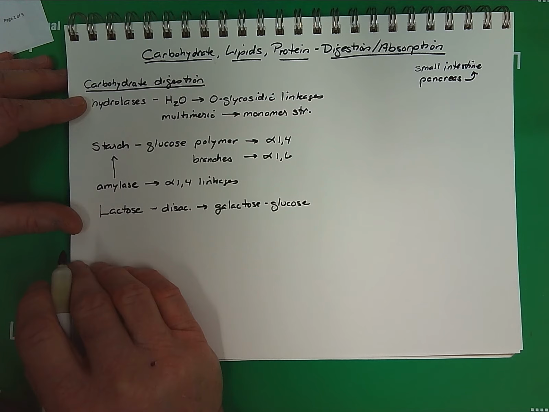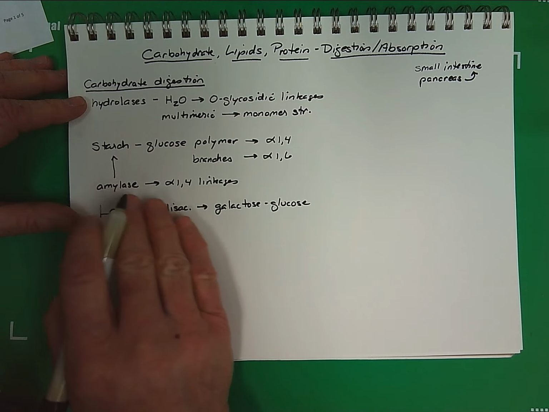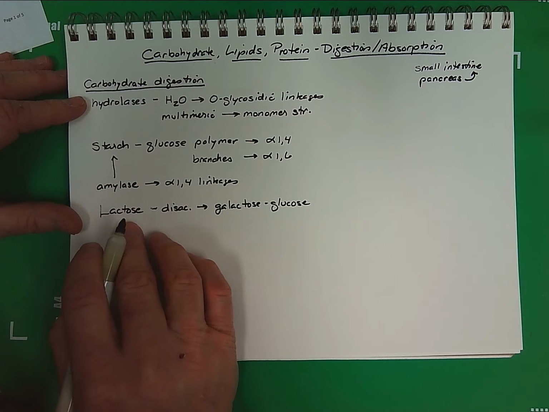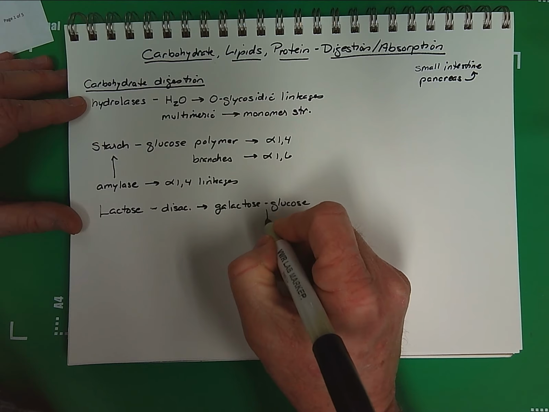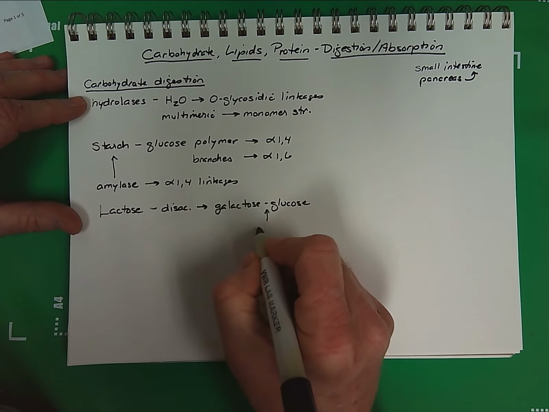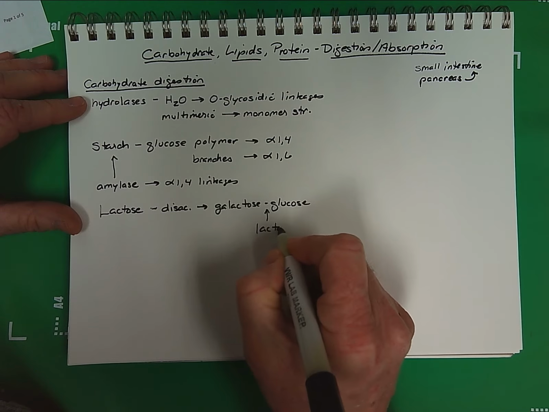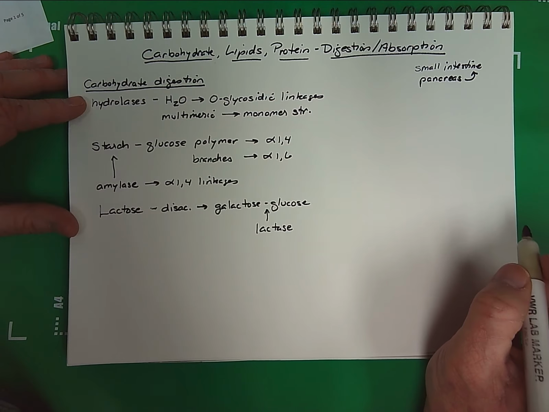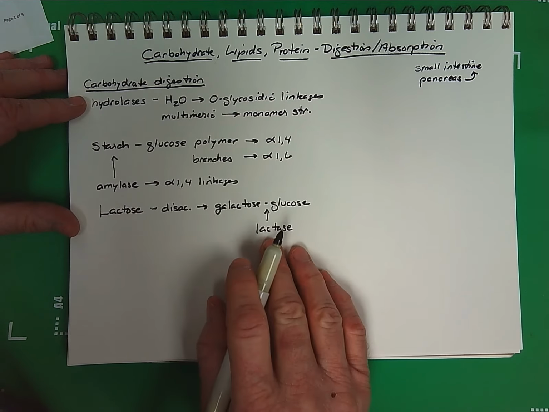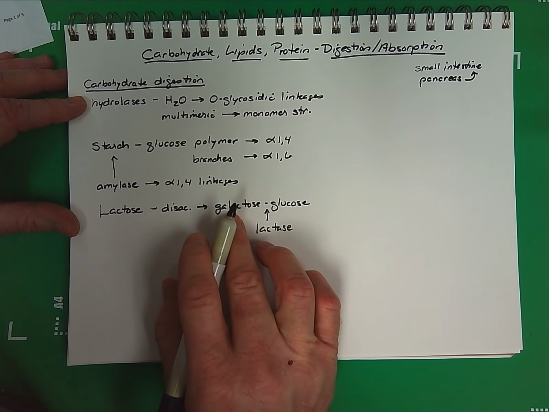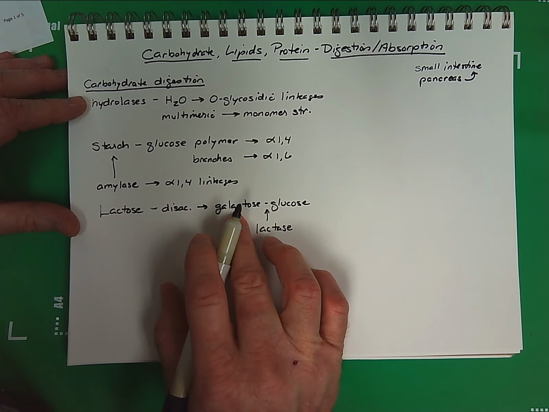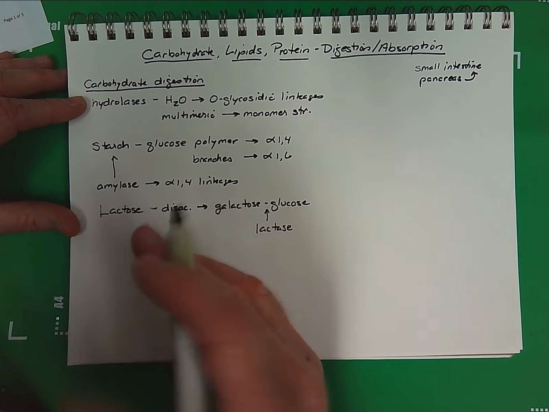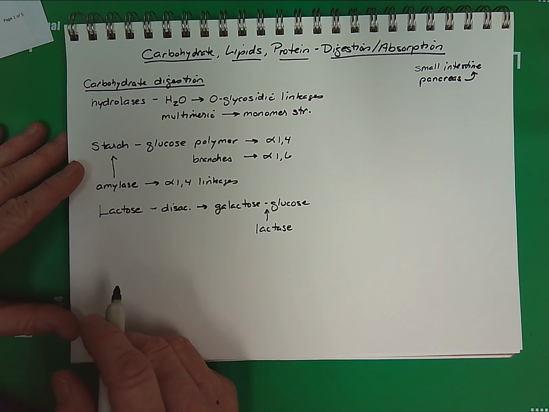Now again, similar type of enzyme as amylase, except it has a differential substrate specificity, and this bond between galactose and glucose is broken by the enzyme called lactase. Once lactase performs this hydrolysis, it releases glucose and galactose as monomeric units that can be taken up again in the body.